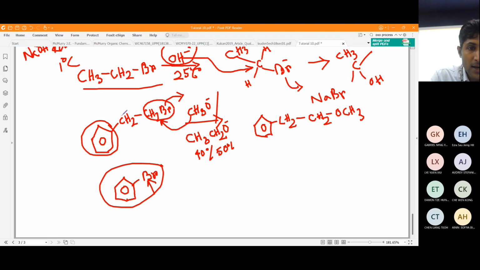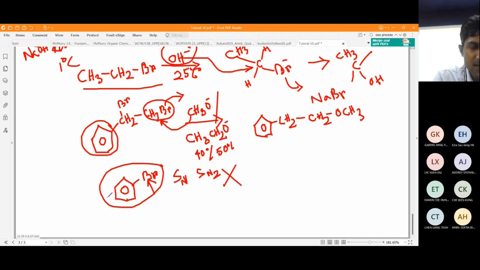If the bromine were attached to this carbon, the reaction was still possible. But when this bromine is directly attached to the main structure of this aromatic ring, this reaction, not SN1, not SN2, not elimination, is possible. Okay, it is not possible.